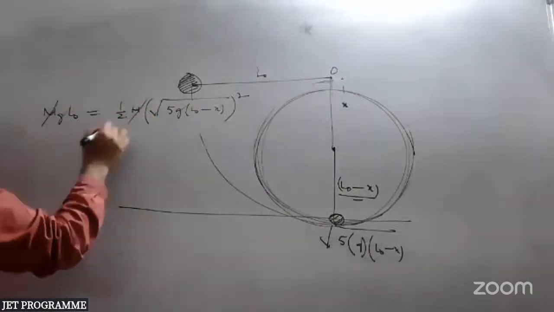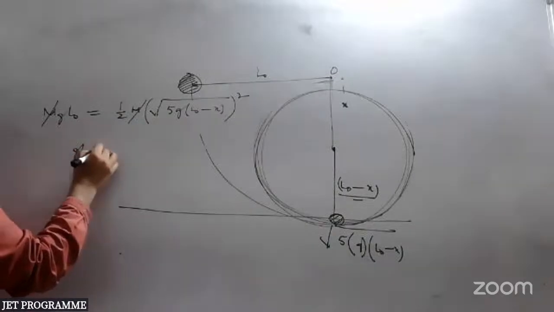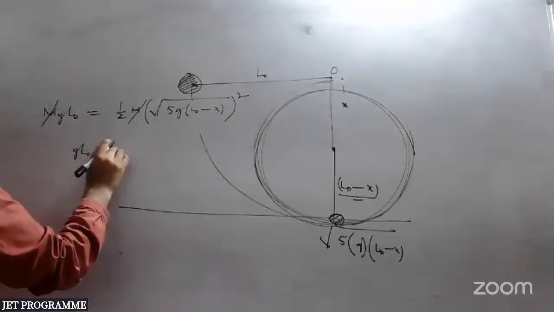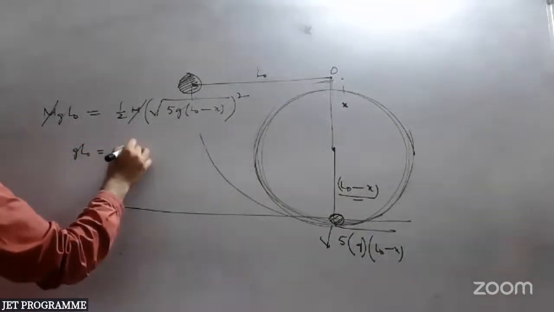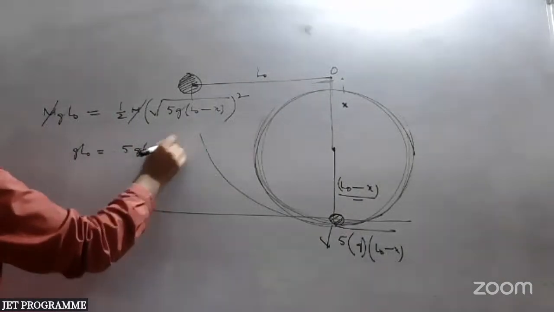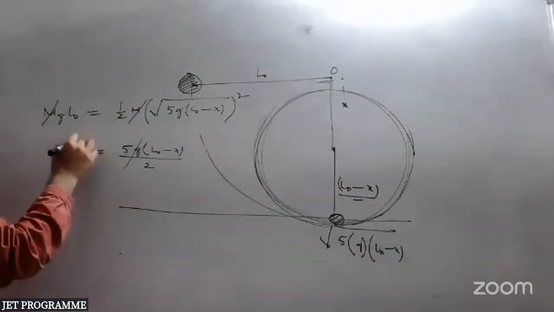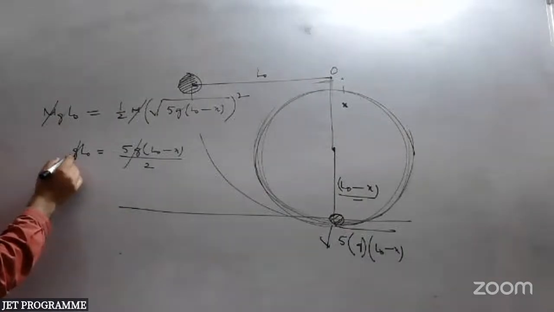So m gets cancelled out. I square it. I'll have g L naught equals 5g into L naught minus x by 2. g again gets cancelled out. I'll have 2L here.